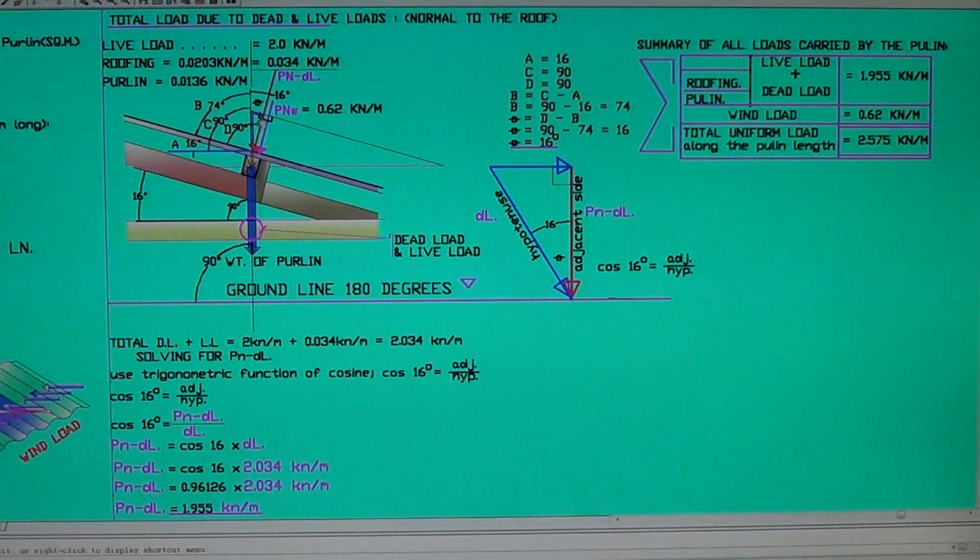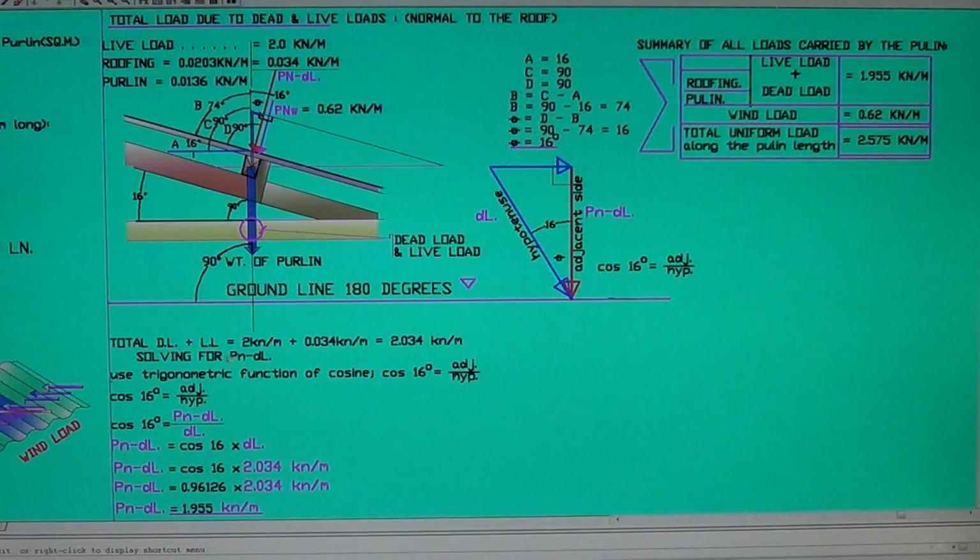This is the adjacent side now of the triangle. Since this involves adjacent and the hypotenuse of a triangle, what is that in trigonometric function? The adjacent divided by the hypotenuse, that is a cosine. This time now is a cosine. So cosine 16 degrees is adjacent over hypotenuse. We can solve for Pn due to the dead load.